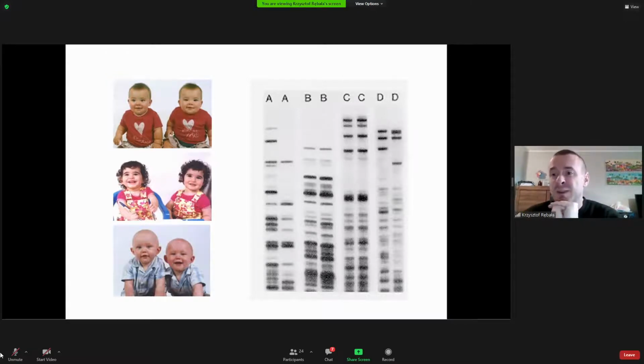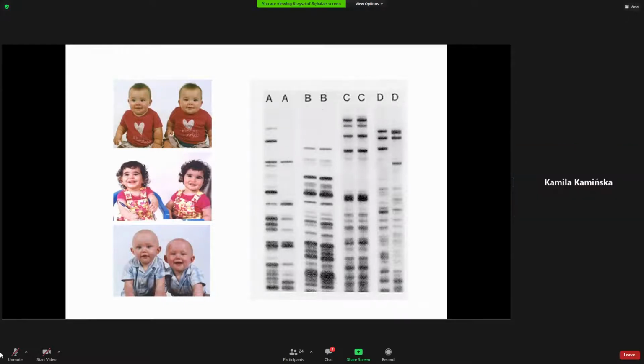So how can we detect these mutations? Which technique should we use to detect them? What would you recommend to do?